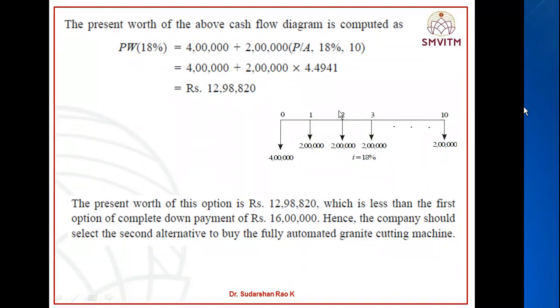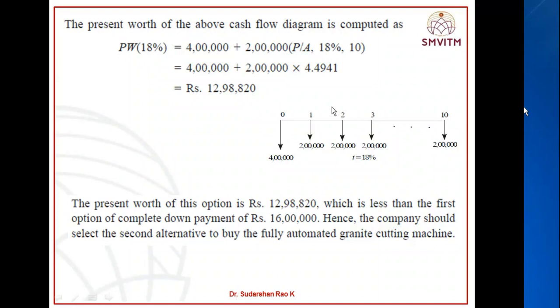That is, if you pay 25% in the beginning and the remaining 2 lakh rupees every year for 10 years, it is a benefit, that is 12 lakh 98,820. If you pay the whole 16 lakh rupees, it is a loss. The present worth is 16 lakh, whereas here the present worth is 12 lakh 98,820.